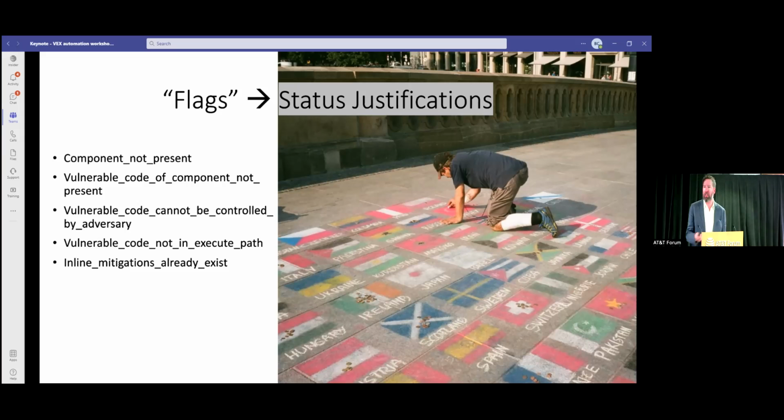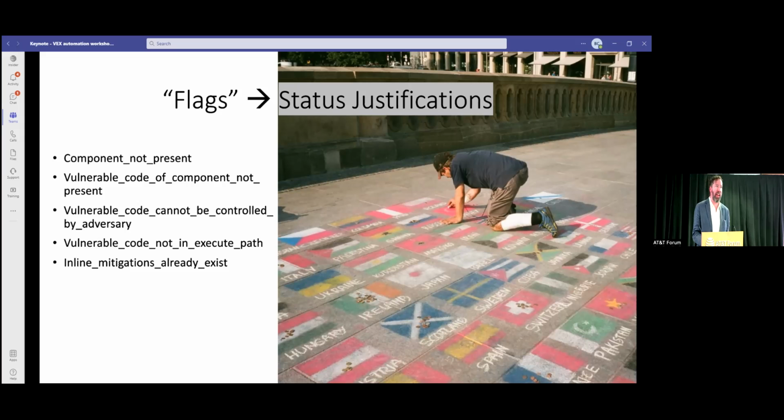Or another example that we've heard is large vendors often ship software updates with rollback. So a binary analysis tool will find that this outdated version of a library is in the product, but it's not in the product that is actually running. It's in the rollback part of the installer.